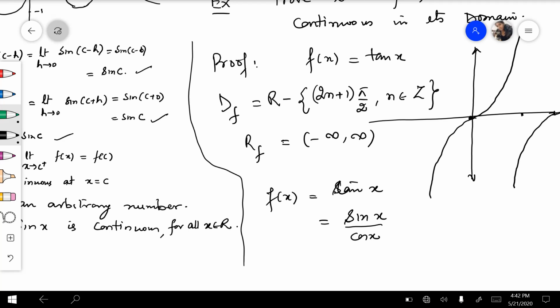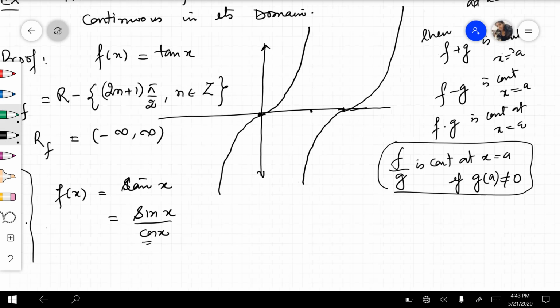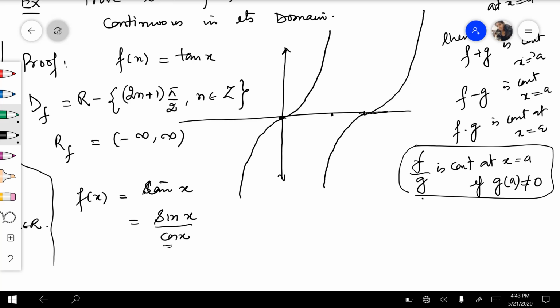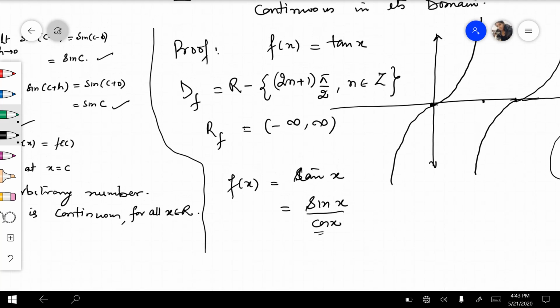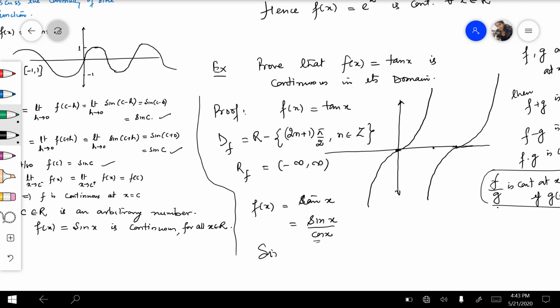Earlier we have proved that sine function is a continuous function, and similarly we can prove that cosine function is also continuous for every x belongs to R. The quotient of two continuous functions is a continuous function, since sine of x is continuous for every x belongs to R, and cos of x is continuous for every x belongs to R.